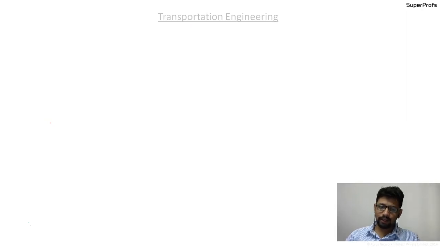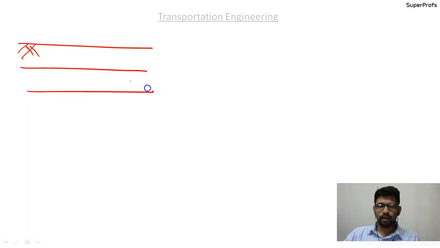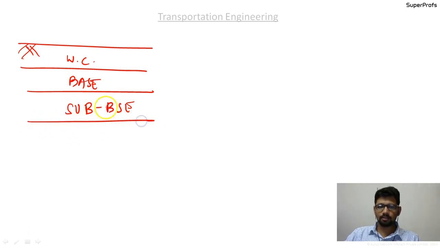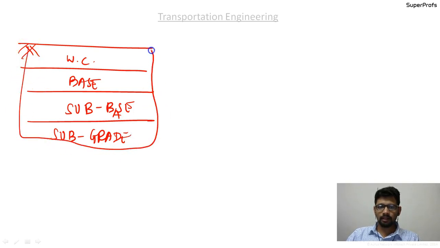If you look at the flexible pavements, they are of this kind. Suppose this is the ground level, there will be a wearing course, base, sub base, and the subgrade. These will be the layers, and there will be a load applied.